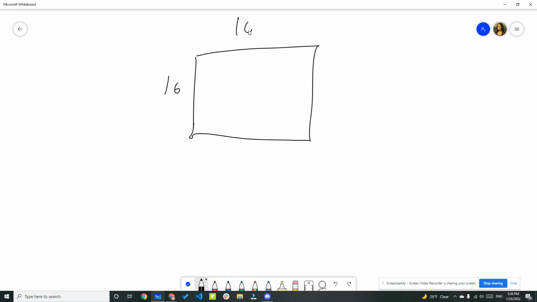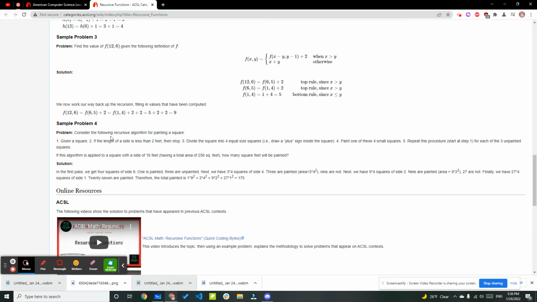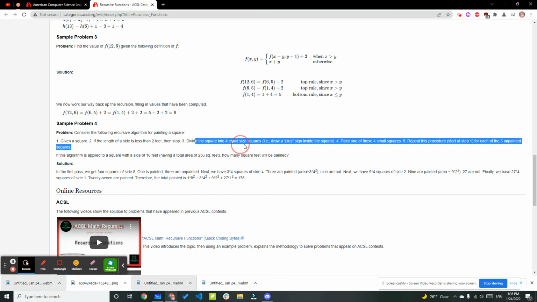If we draw a square, 16 by 16, you will divide the square into 4 equal size squares and paint one of them. And repeat this procedure for each of the 3 unpainted squares.